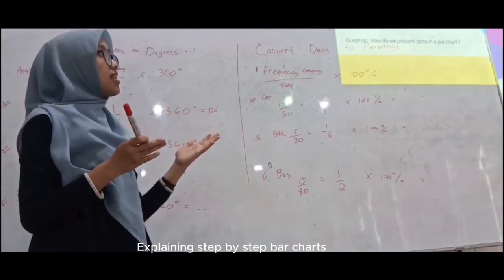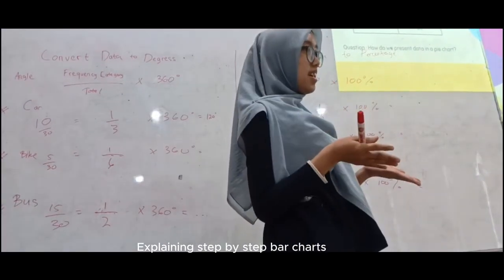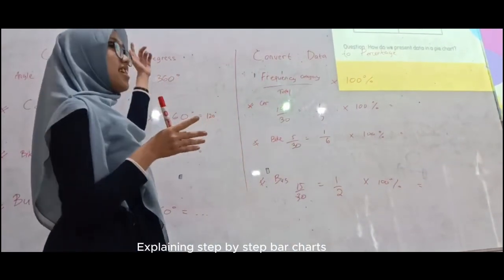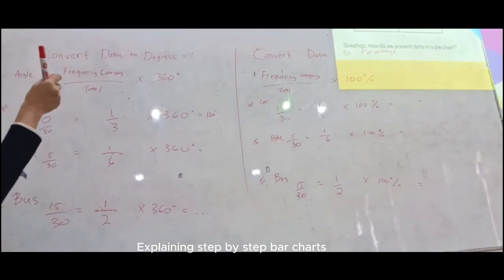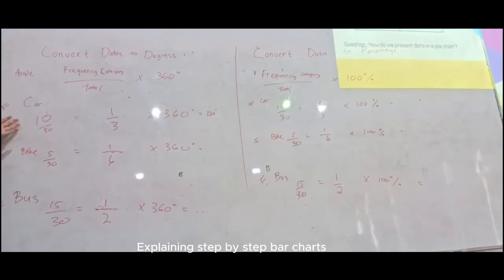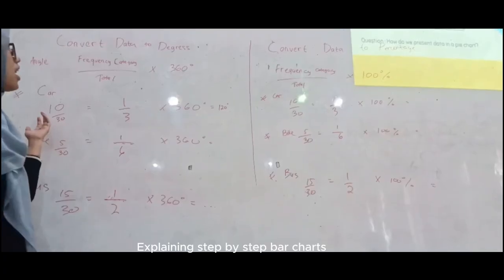Why 360 degrees? Because the circle angle is 360 degrees. Correct. So from the data, car is 10 students over 30.